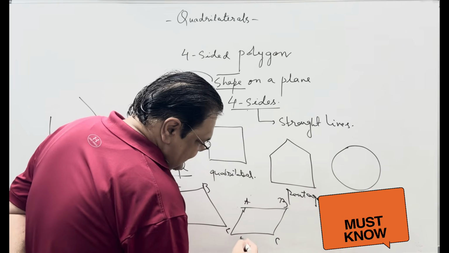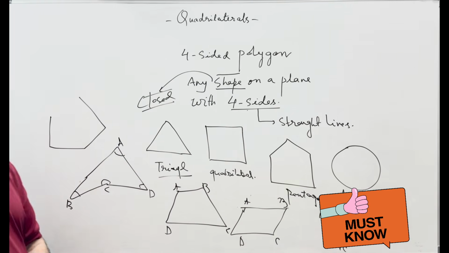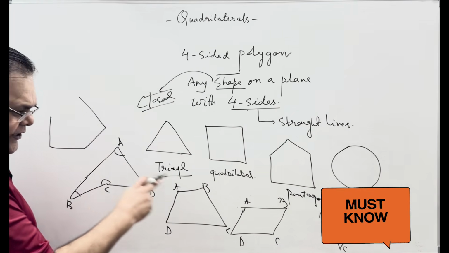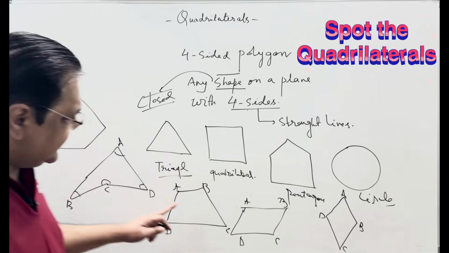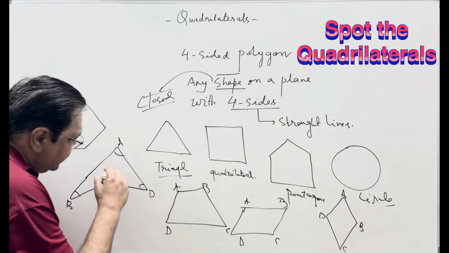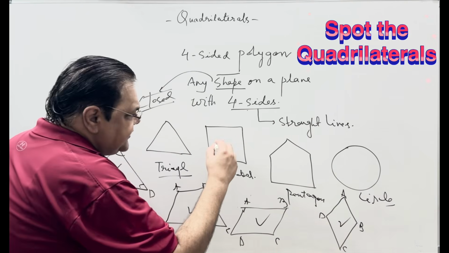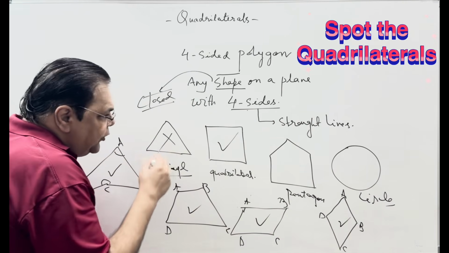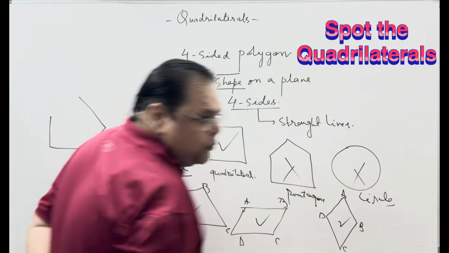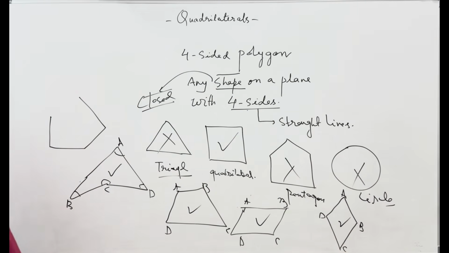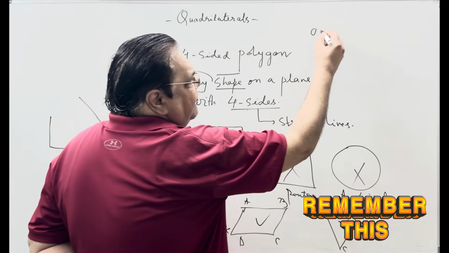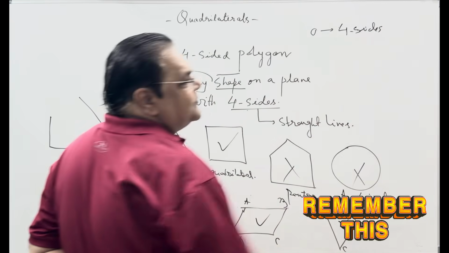A, B, C, D. We will tick mark all the quadrilaterals. These are quadrilaterals. All these quadrilaterals, they have 4 sides.